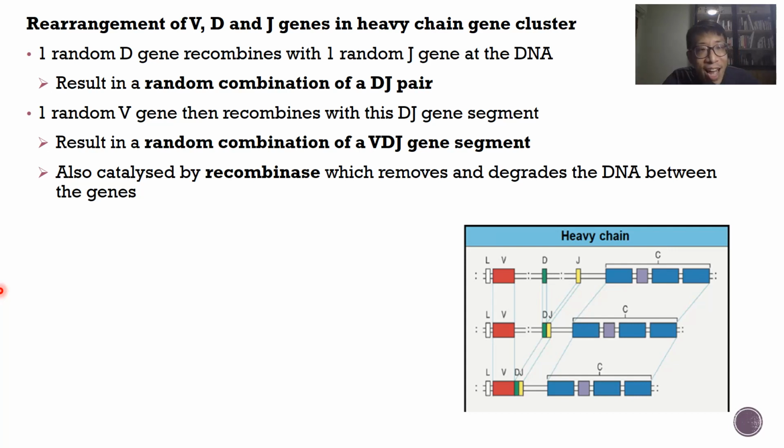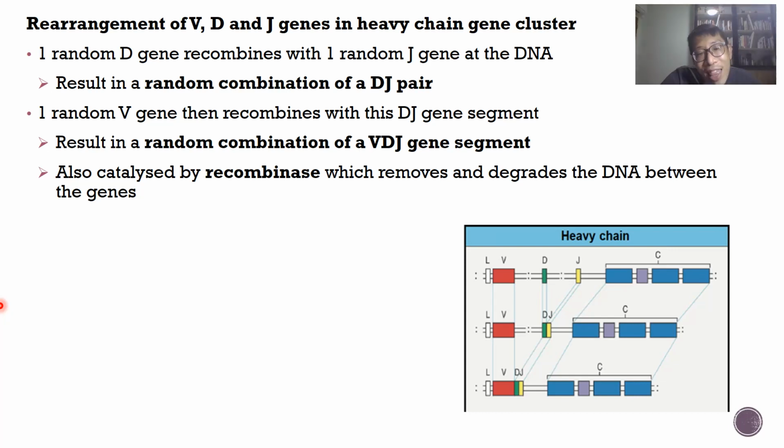All right, so the first step that will happen is the somatic recombination, the random recombination of one of the D genes with one of the J genes. So we first form the DJ pair or the DJ gene segment. Okay, and then this DJ gene segment is recombined with one of the V genes. So we have this random combination of VDJ gene segment.